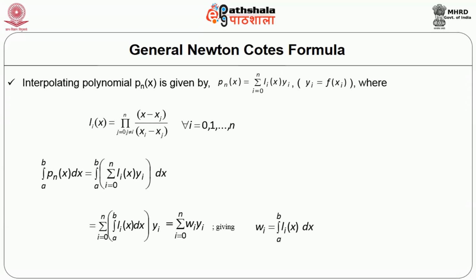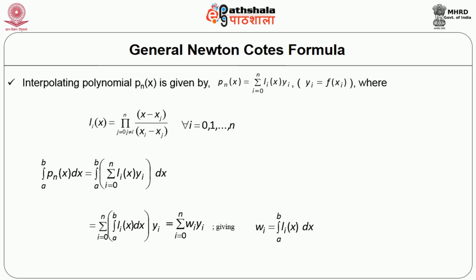We approximate the function by Lagrange's interpolating polynomial. So f(x) is approximately equal to Pn(x), where Pn(x) is equal to sigma i equal to 0 to n Li(x) yi. Yi is being written for f(xi).